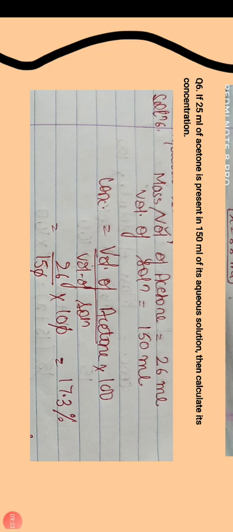So volume of acetone is 26 ml. Volume of solution is equal to 150 ml, because 25 ml of acetone is present in 150 ml of its aqueous solution. That means 150 ml is the total solution, volume of solution. So applying the formula, concentration is equal to volume of acetone upon volume of solution into 100.